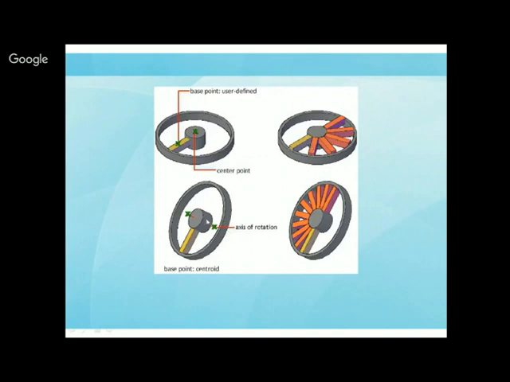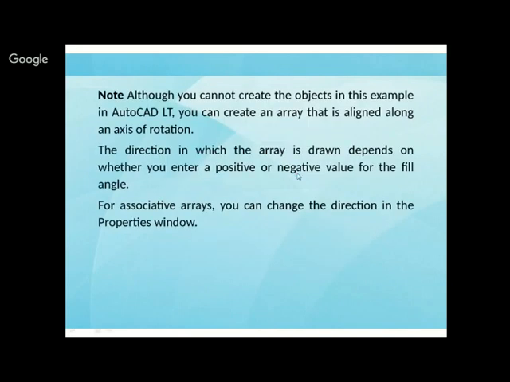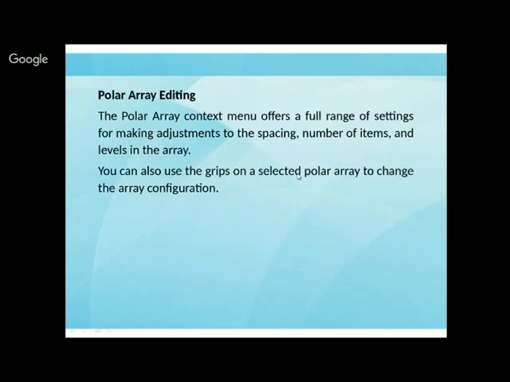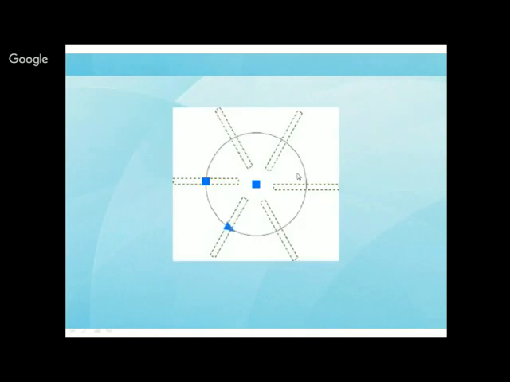In the lower case, if the item is copied, the number of items is increased, but the angle is only 180 degrees in both the cases. So this is the difference when you give the number of items or the spacing. Polar array, right. This is how it is done.